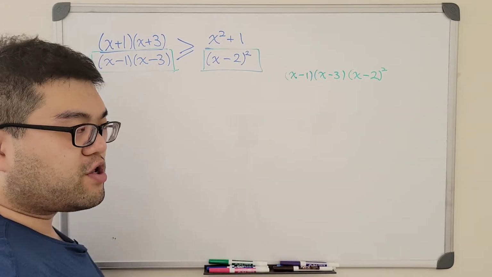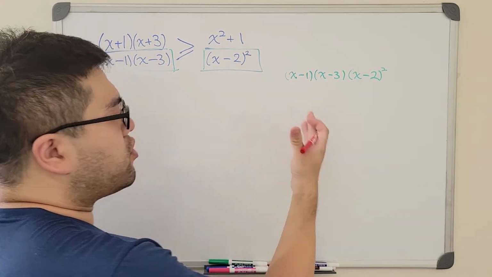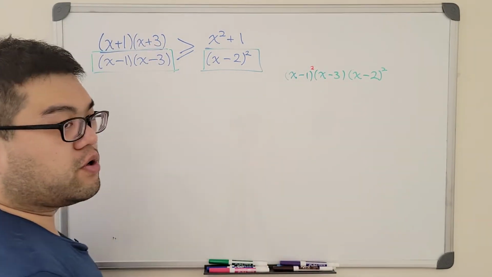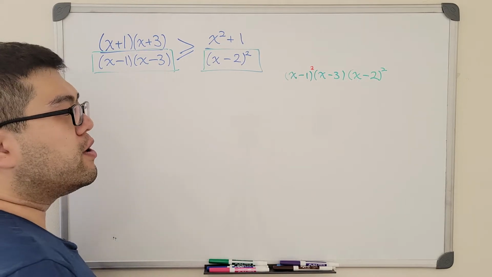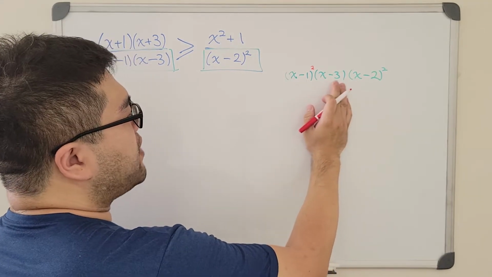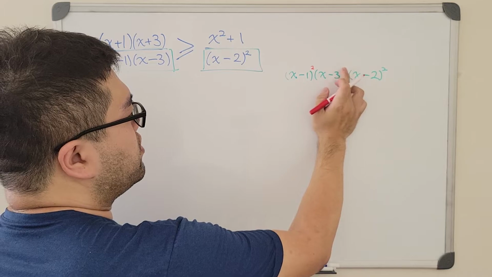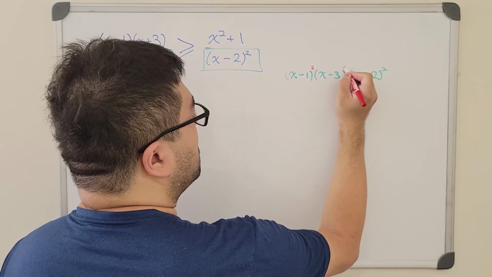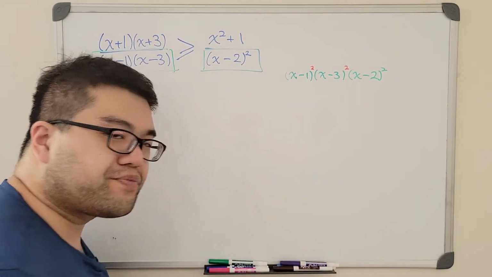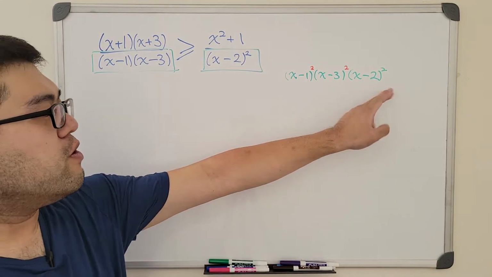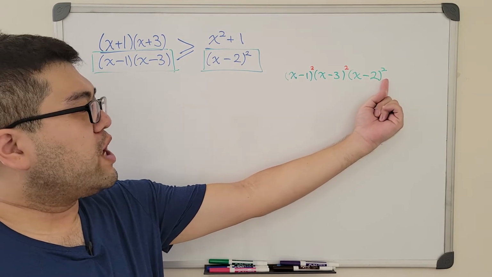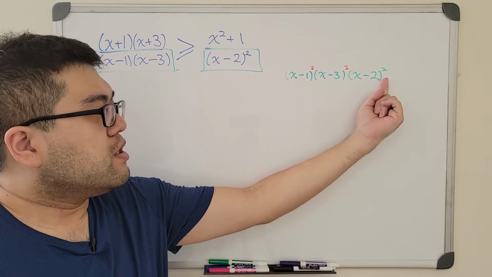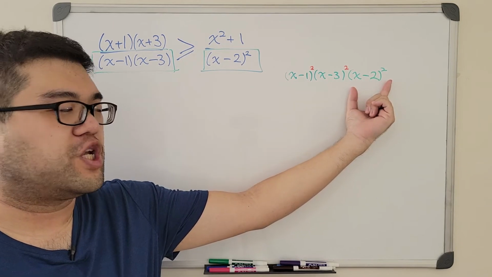And 1 is an odd number, so we need to get one more copy, meaning we're going to have 2 copies in total. So we'll raise it to the second power. Similarly, x minus 3 has an exponent 1. So we need to raise the exponent by one more, which is 2. Good. Now, for the last term, we have the exponent that is even. In fact, it is 2. Then we don't have to change it at all.